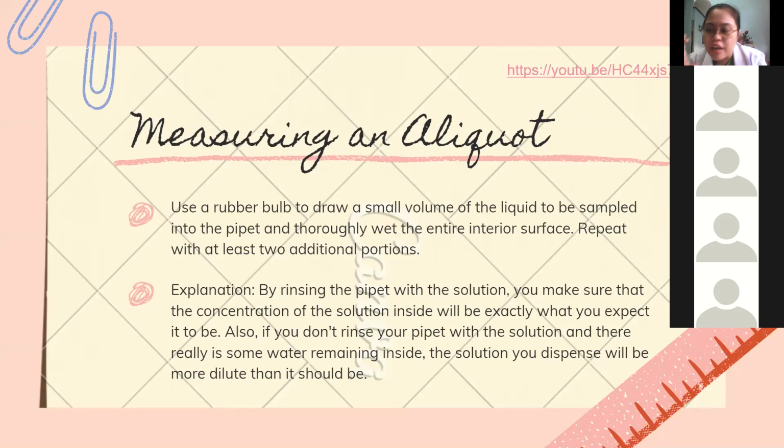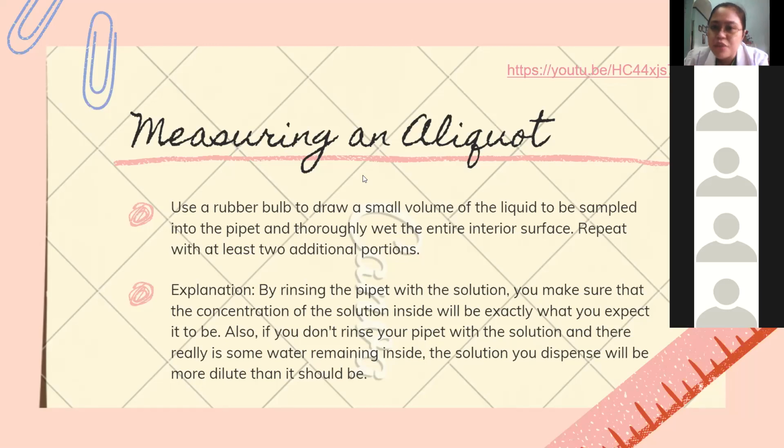So before really going to measure a volume of the solution, you have to calibrate it first. You have to make sure that all the inside walls of the pipette is ang solution mismo with the certain concentration ang present. Wala na yung water, nawala na ang water para dili siya maka-affect sa concentration.